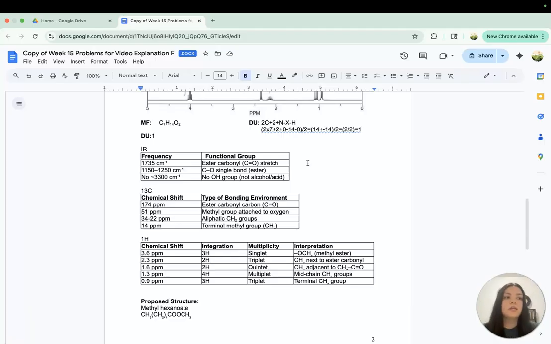The absorption taking place between 1,150 and 1,250 indicates a carbon to oxygen stretch. I want to point out there was no absorption around 3,300, which indicates no hydroxyl groups are present, which means we're not looking at an acid or an alcohol. This data strongly suggests that an ester is present as the functional group.